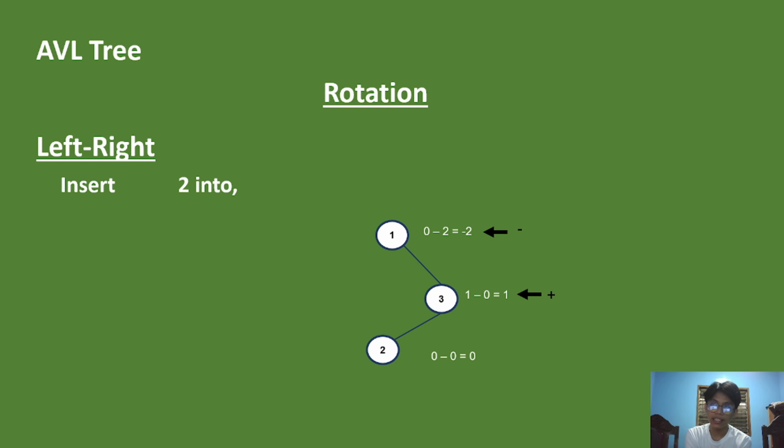We cannot really balance this with just a left rotation right away, since they have different signs. So first, in order to correct this, we are going to make a straight line. To do that, we're going to interchange the positions of 2 and 3, while node 3 will be going to the bottom side. So it will look like this.